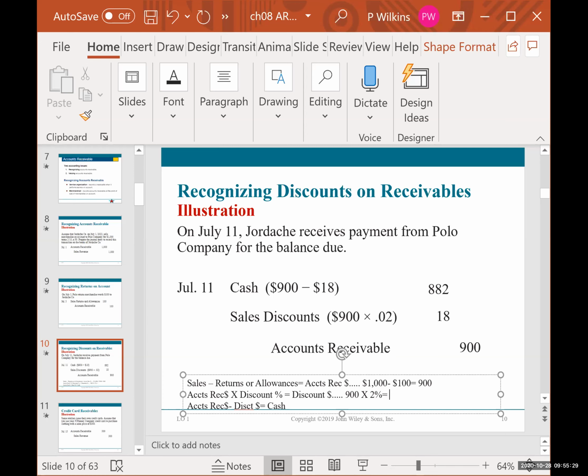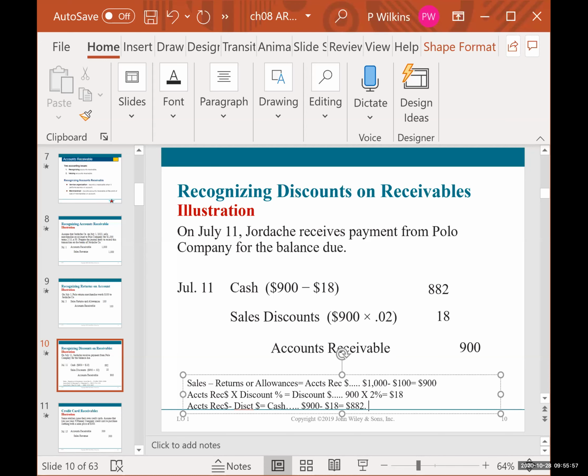So that gives us a discount dollar amount of $18. So we would take the $900 accounts receivable minus the $18 discount, which would give us a cash amount of $882.